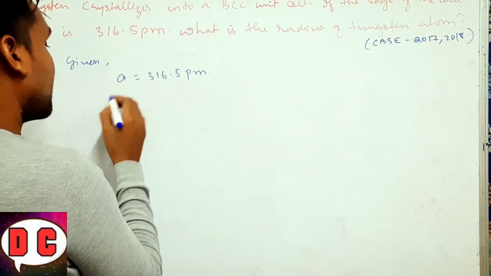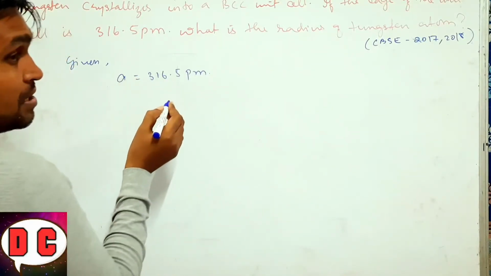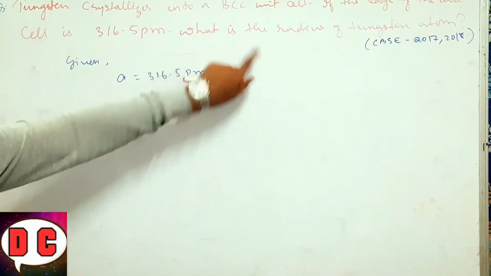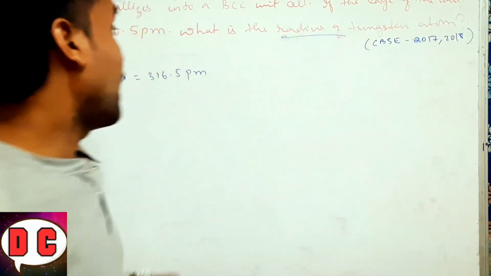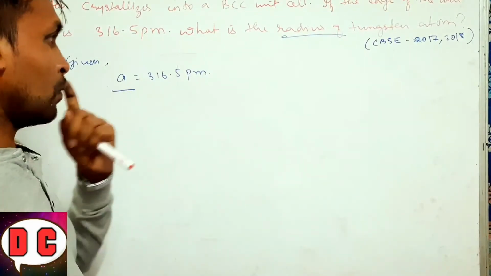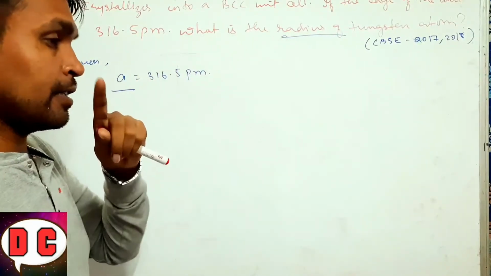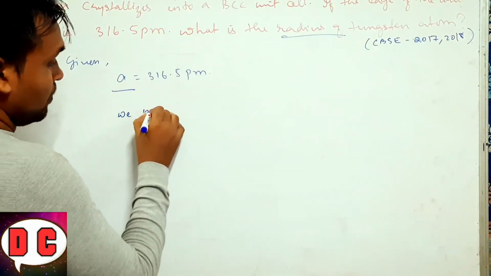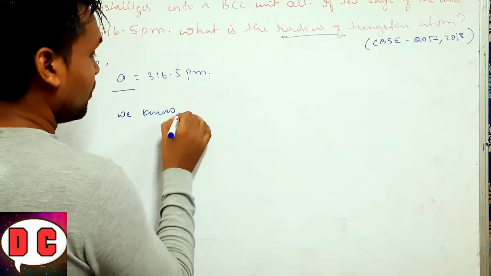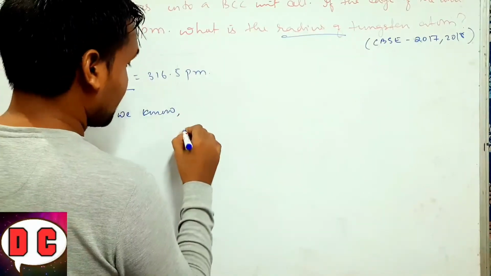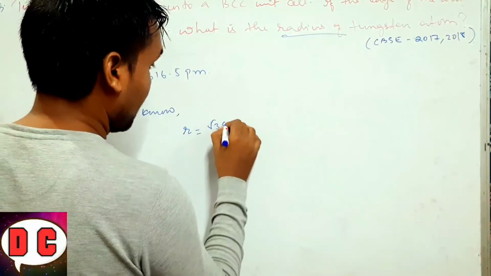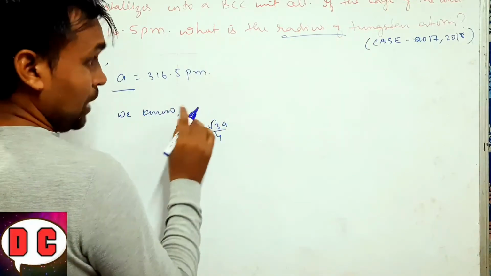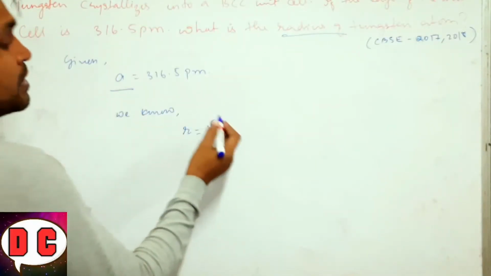In BCC structures, what is the relation of edge length and the radius? They are telling us to find the radius, and here the edge is given. We know that R equals root 3A by 4. This is the relation between edge length and radius for BCC.